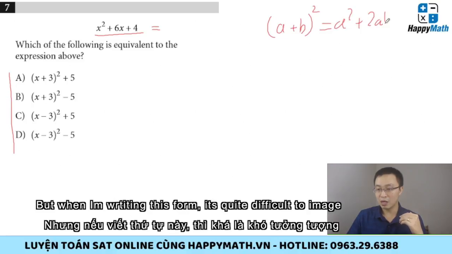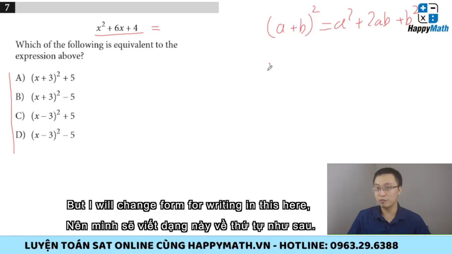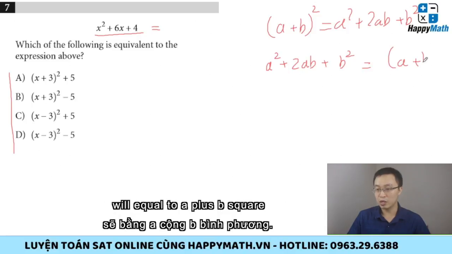But when I write this form, it's quite difficult to imagine in your mind. So how can you change this one to the square of sum? I will change the form by writing it here. a squared plus 2ab plus b squared equals (a + b) squared.